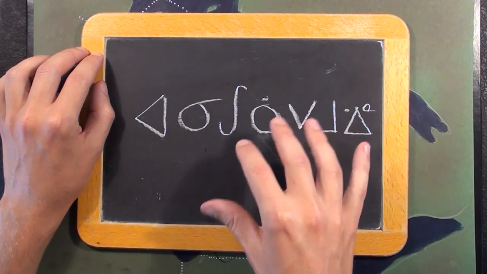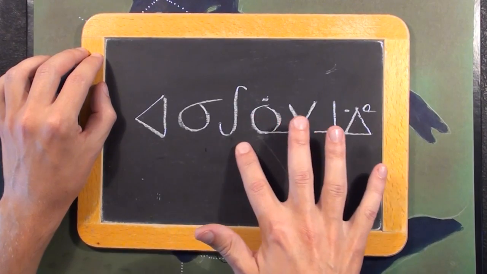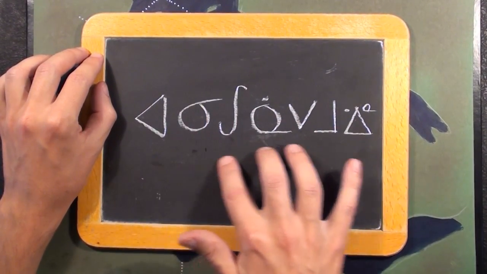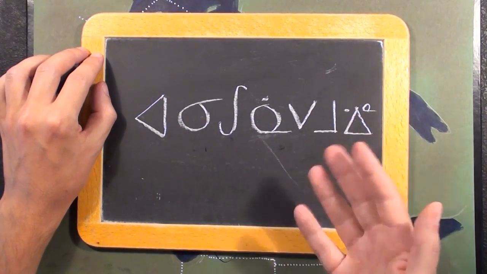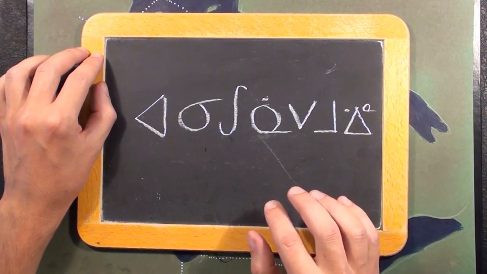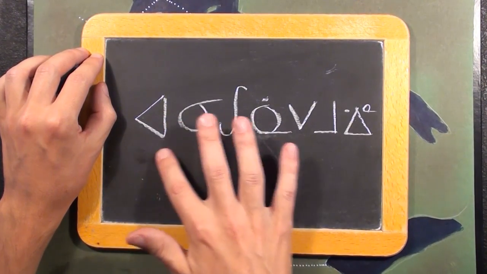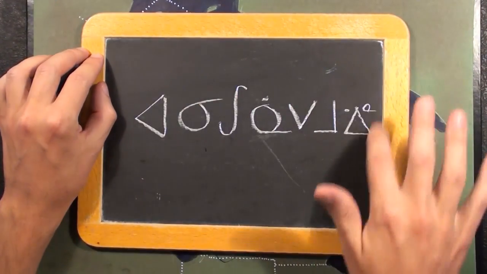And the endonym, what the group uses for themselves and their language, is this word, Anishinaabemowin. So that was quite cool, I think.